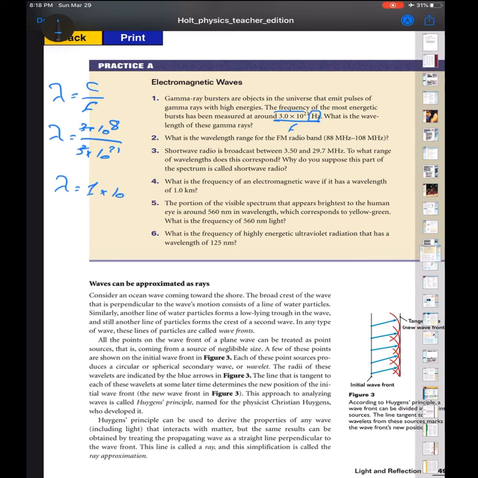So negative 21 minus 8 is negative 13 meter. That is the wavelength of this frequency that the question gives us.